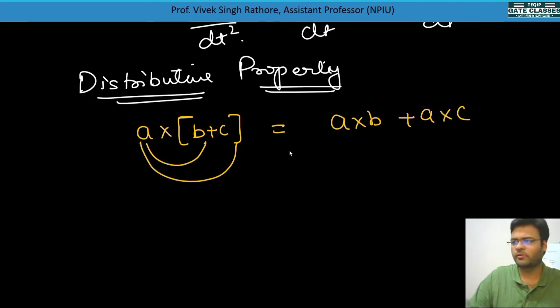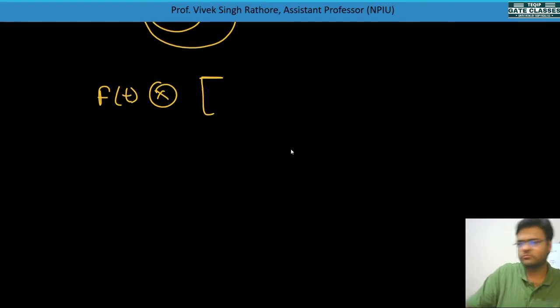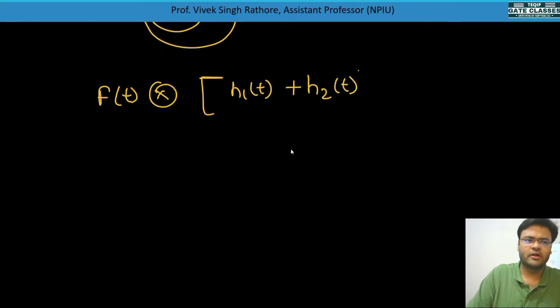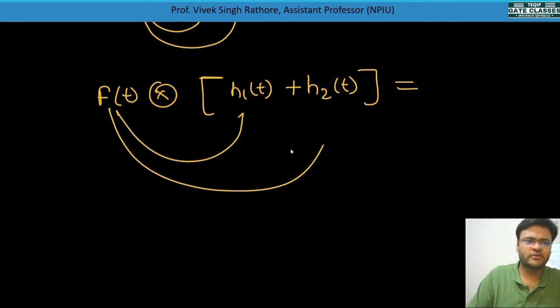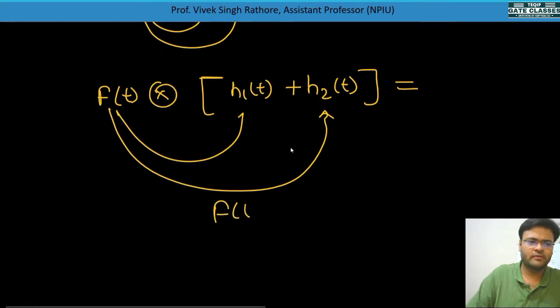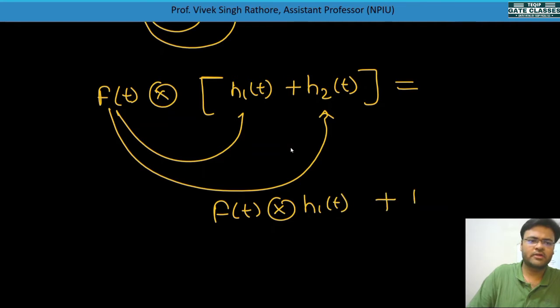This is the distributive property. So in convolution, if your f of t is convolved with the addition of two signals, let's suppose impulse response h1 of t plus impulse response h2 of t, then it is absolutely following the distributive property. So f of t convolution with h1 of t, plus f of t convolution with h2 of t.